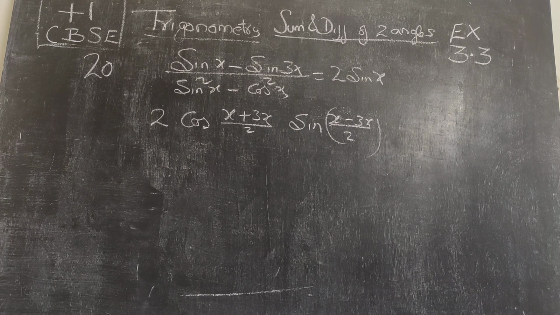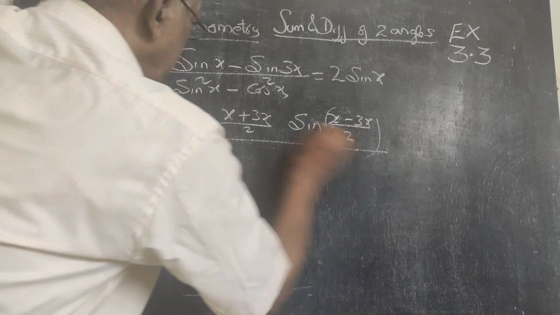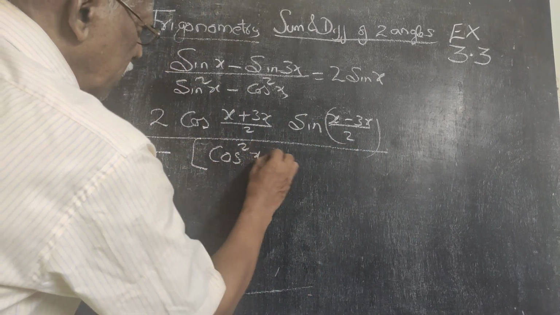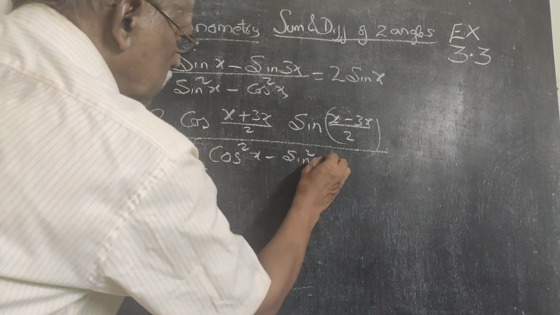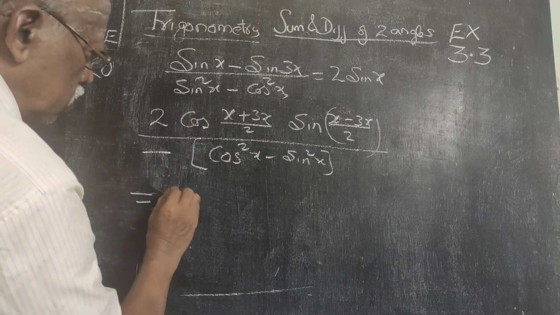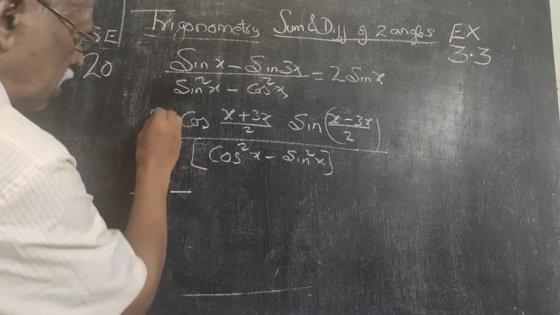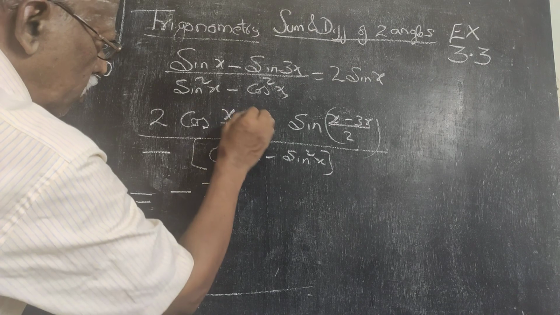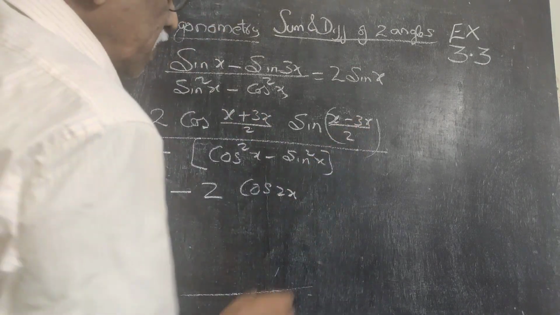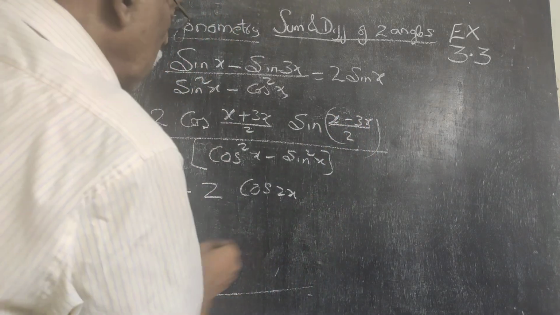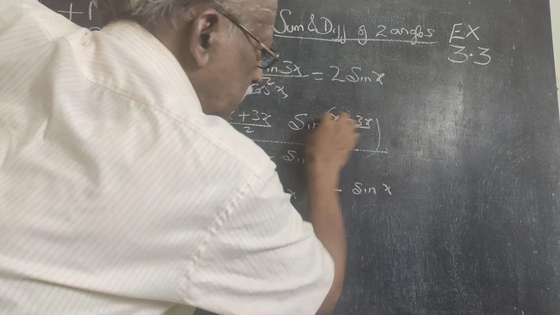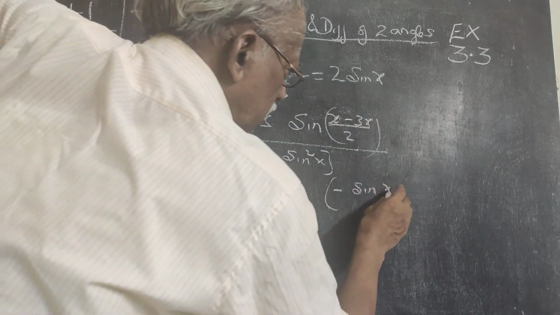The denominator is sin square x minus cos square x. In case you take minus outside, it will become cos square x minus sin square x, which you know as cos 2x. Now applying this part, this is 2 cos, I am putting a minus, 2 (3x plus x) by 2, so cos 2x, and this part will be x minus 3x, so another minus, sin of (3x minus x), 2x by 2, therefore x.